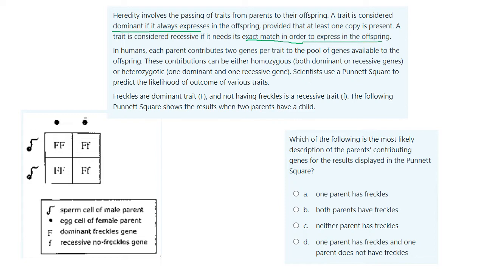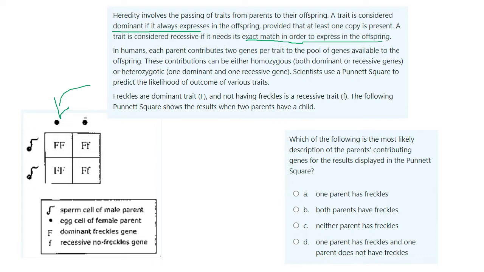In humans, each parent contributes 2 genes per trait to the pool of genes available. The contributions can be homozygotic, both dominant or both recessive, or heterozygotic, one dominant and one recessive. Scientists use the Punnett square to work out the likelihood of various traits. Now, that is not new.